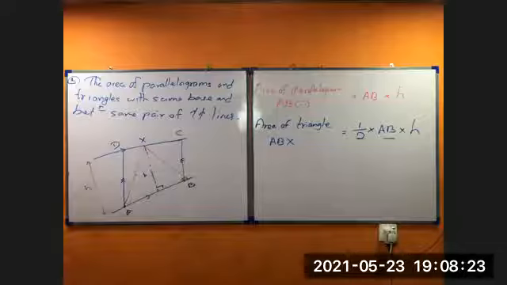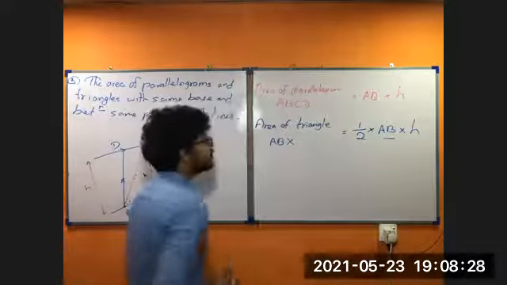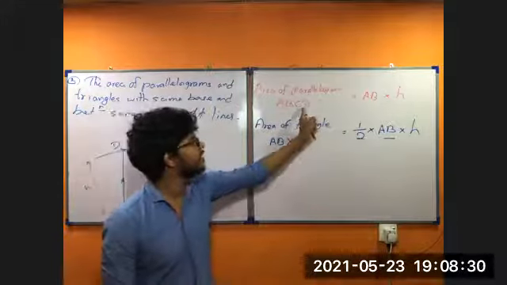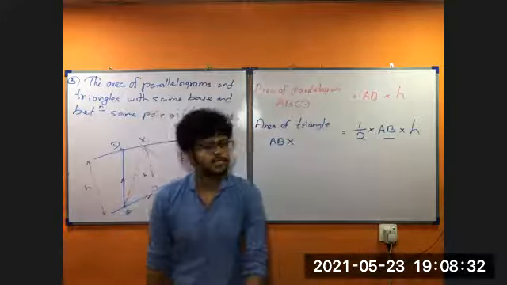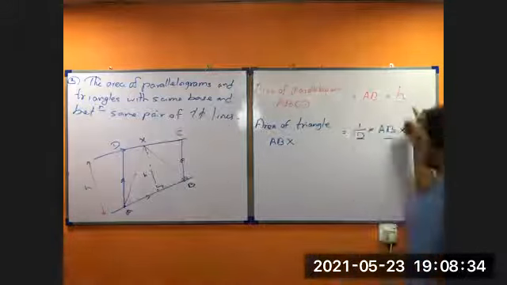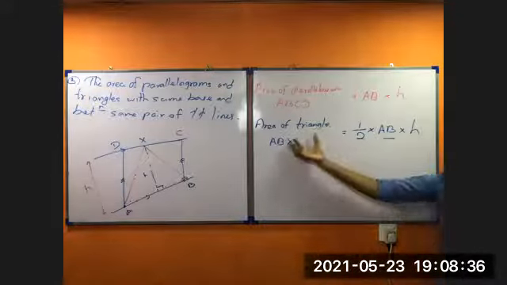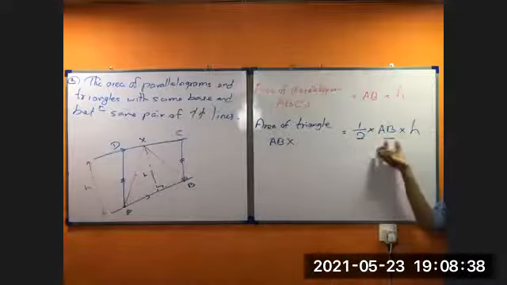Okay, so now you can see the relationship, right? Here the area of the parallelogram is AB into h, and the area of the triangle is half into AB into h.